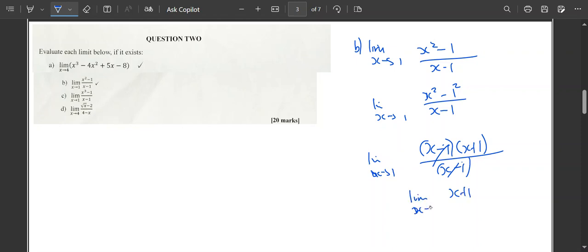You just substitute where there is x, so it will be 1 plus 1, which is 2.